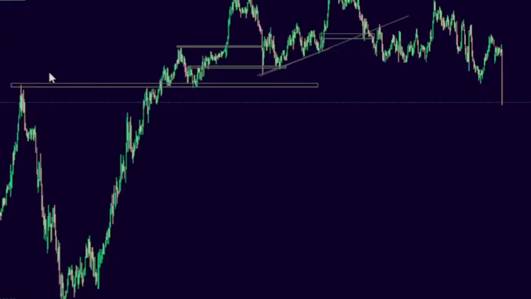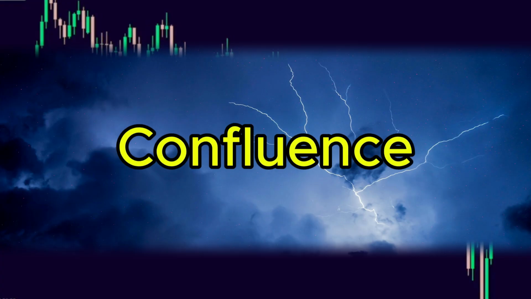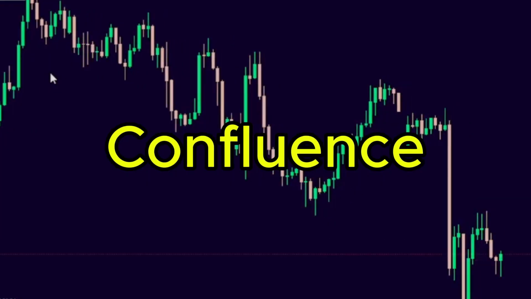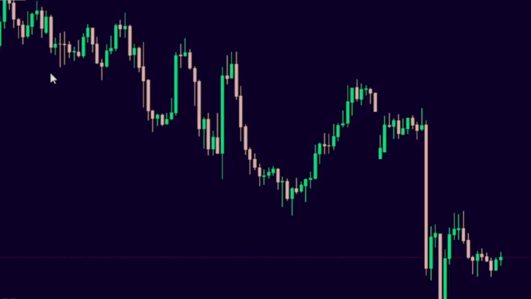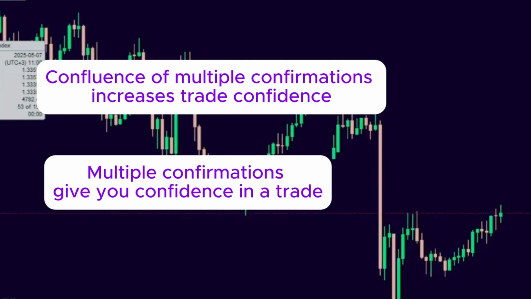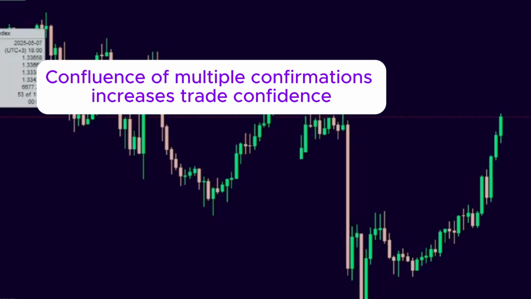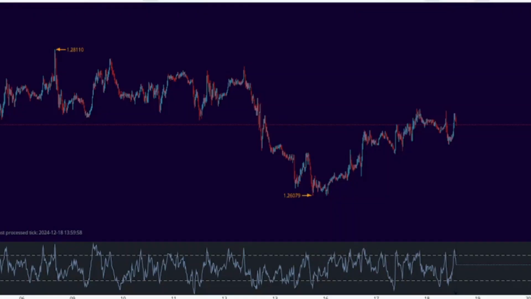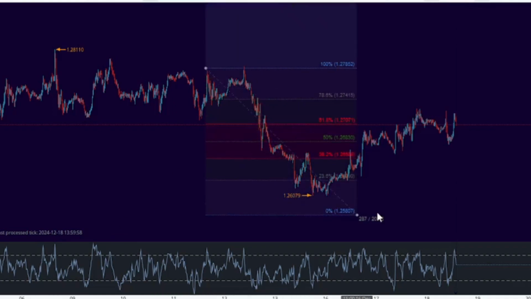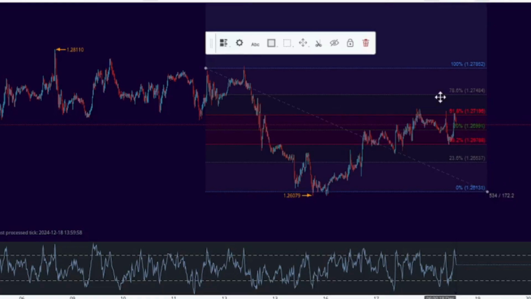The third way of identifying a setup with high probability is through confluence. Anytime a specific element in your trading has multiple confirmations, it gives you confidence. So you are seeing multiple elements align at the same time. Take for instance, you are the type that trades Fibonacci pullback. Let's say we take a trade right here.